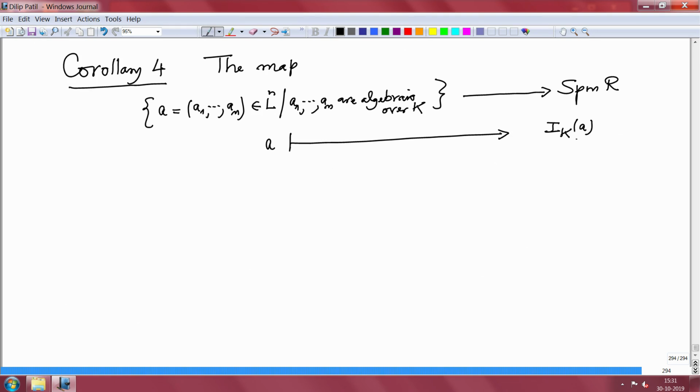Just now we have proved that this is a maximal ideal when the tuple is algebraic. Therefore this map makes sense.